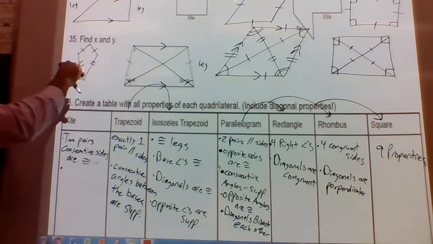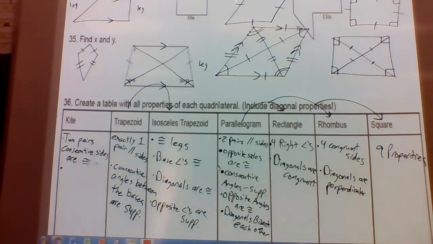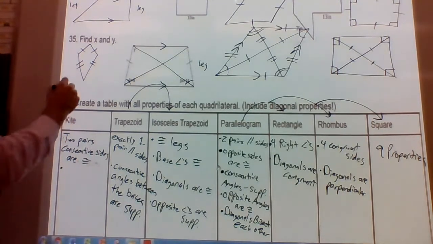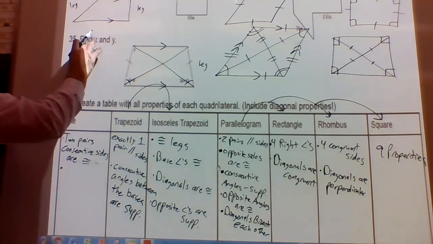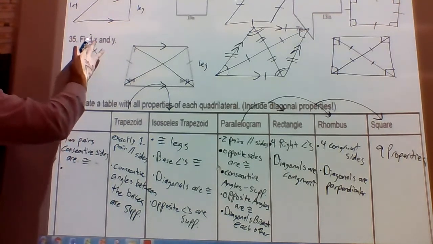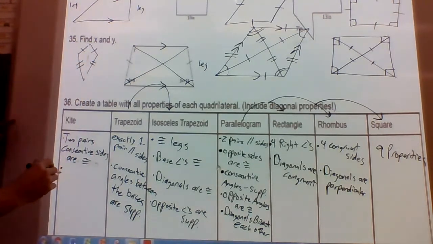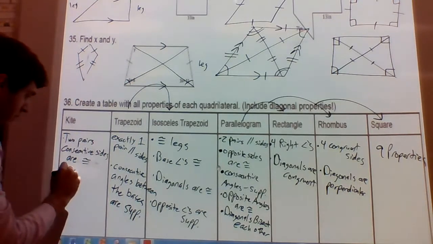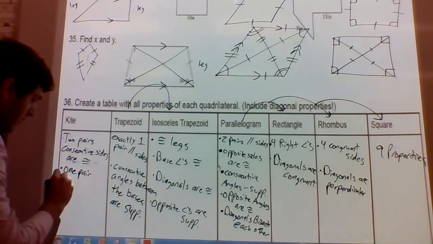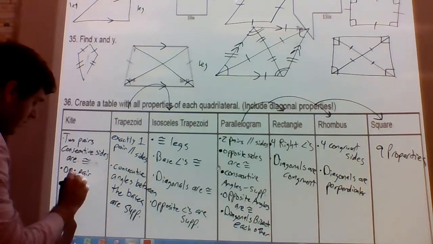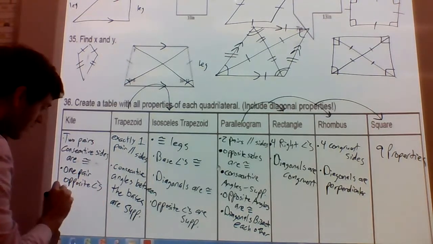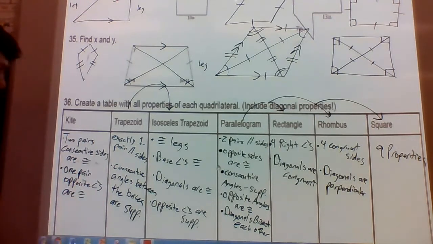We have one pair of opposite angles that are congruent.